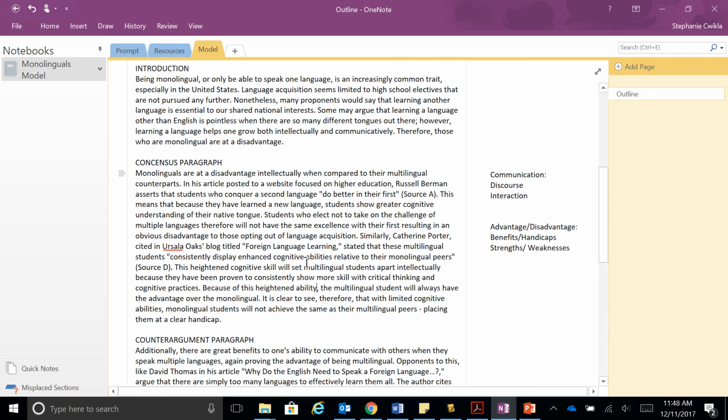So I talked about this cognitive ability, but I also talked about how they're better at their first. So maybe I should refine that. It is clear to see, therefore, that with limited cognitive ability and less mastery of their native language, monolingual students will not achieve the same as their multilingual peers, placing them at a clear handicap.